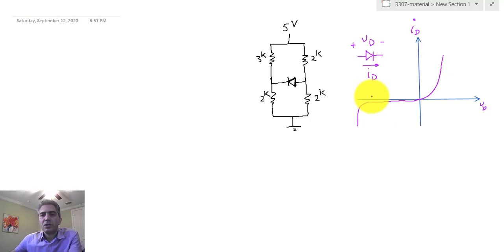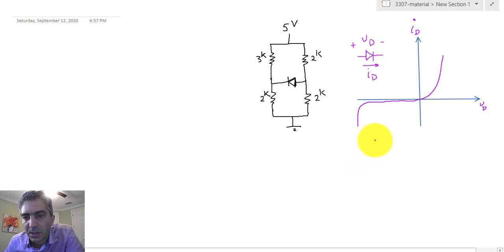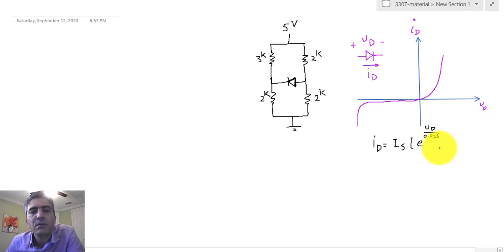Now, the equation that could define this behavior based on the physics of the device looks like this, and we discussed it. So it's ID equal to IS, the saturation current, times exponential function e to the power of VD, the voltage of the diode, divided by the thermal voltage, which for room temperature is 0.026 volts or 26 millivolts, minus 1.